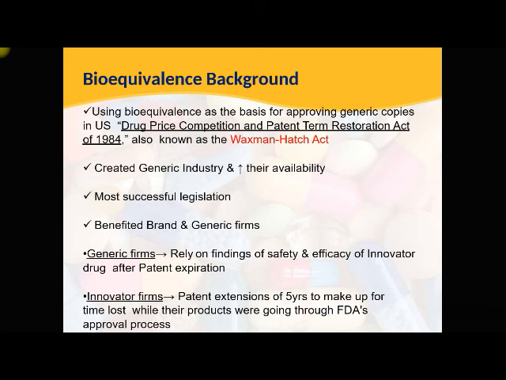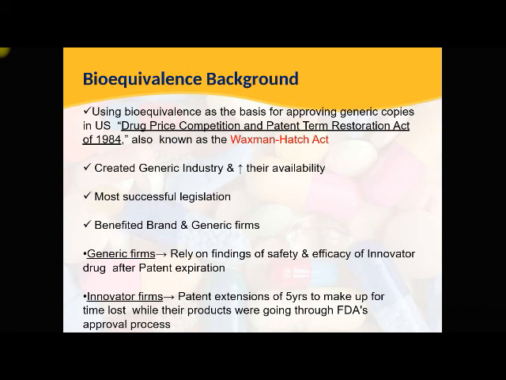And innovator firms can get a patent extension of 5 years to make up for the time lost while their products were going through FDA's approval process. So after every clinical trial, the FDA reviews the results, and these reviews take time. So innovator firms got an additional 5 years to make up the time lost during the FDA review process.